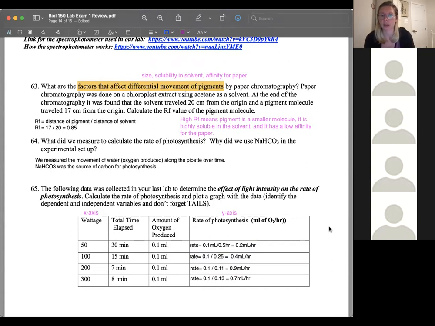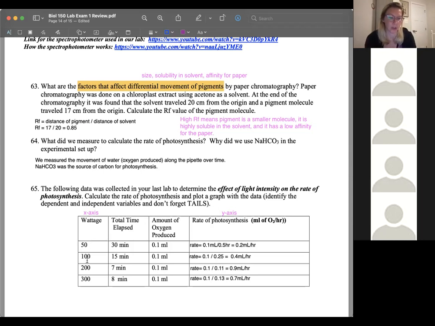Yes, and to answer your question, it would be a line graph because in between these values of wattage, there are an infinite number of possible wattages.